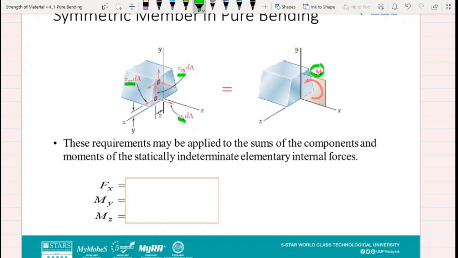Recall from statics that a couple M actually consists of two equal and opposite forces. The sum of the components of these forces in any direction is therefore equal to zero.